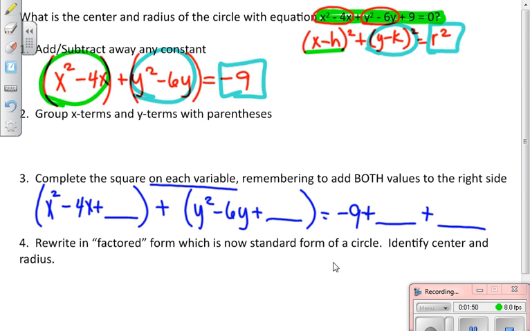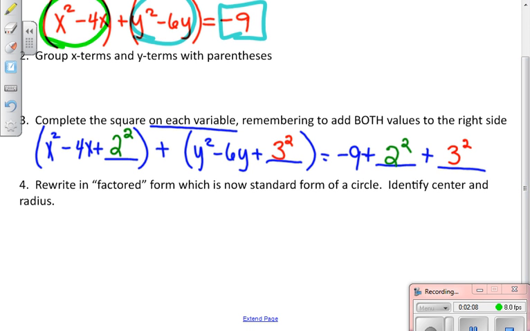So let's go ahead and fill this in. Half of 4 is 2, 2 squared, 2 squared. Half of 6 is 3, square it and add it to both sides, 3 squared and 3 squared. I don't have to worry about the signs because the signs are taken care of in this factoring process.